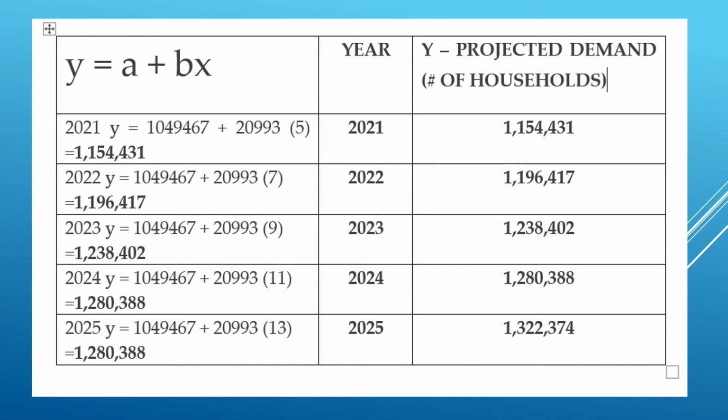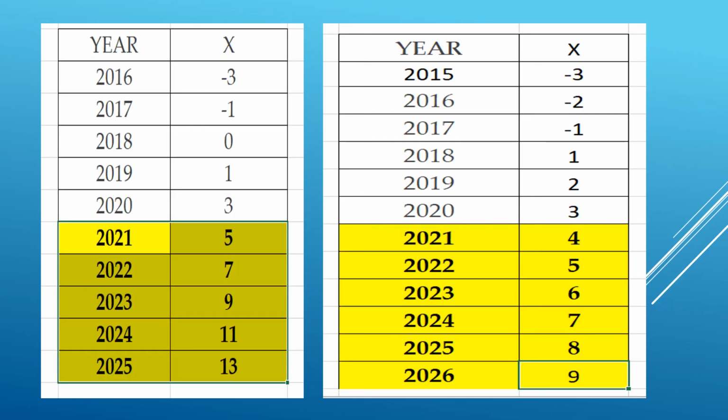But before that, bago tayo doon sa third column natin, which is our projection, establish muna natin saan na pagkukuha tong X na to na 5, 7, 9, 11, and 13. Yan. So, actually, galing siya doon sa value ng X natin. Yung upper part natin dito sa left side, yung 2016 to 2020, iyan yung nasa linear trend table natin.